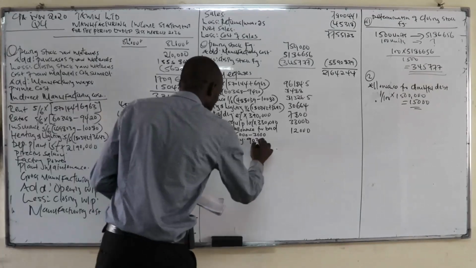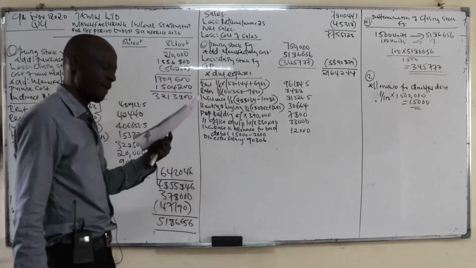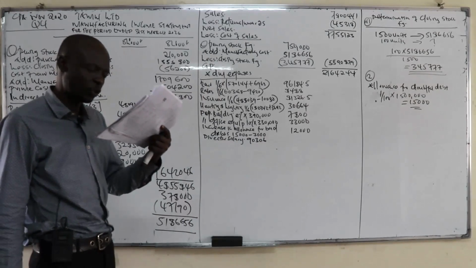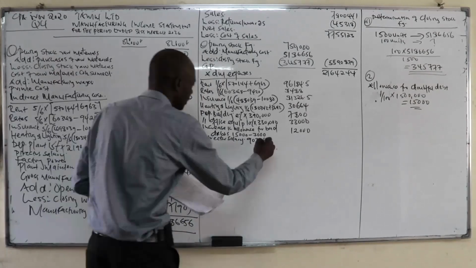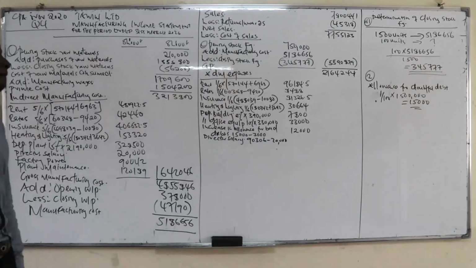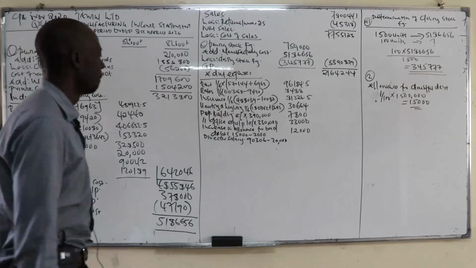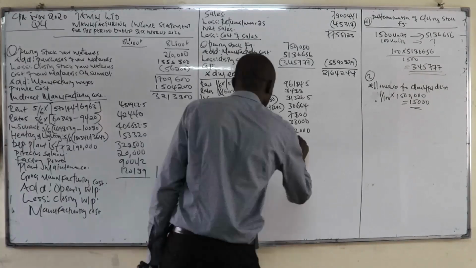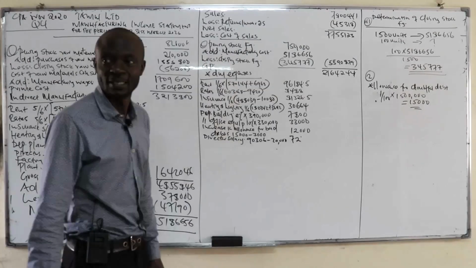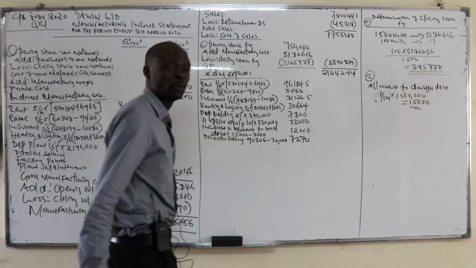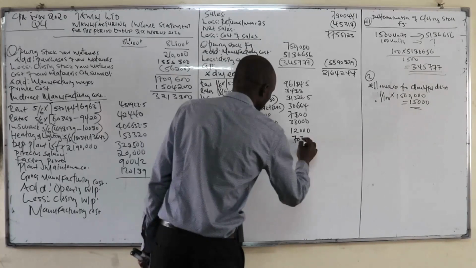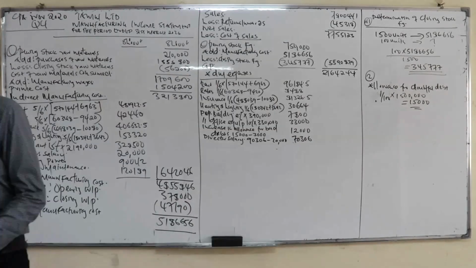So 9306 minus 20,000 that was taken to production. So how much is that one? 72, 7306. So that one will go to admin, right?